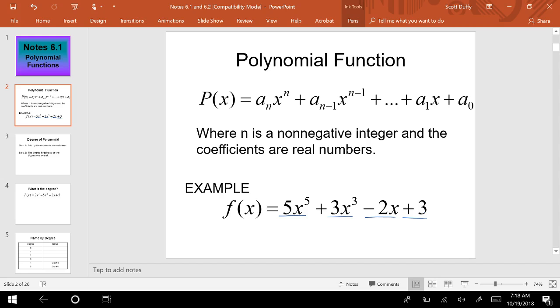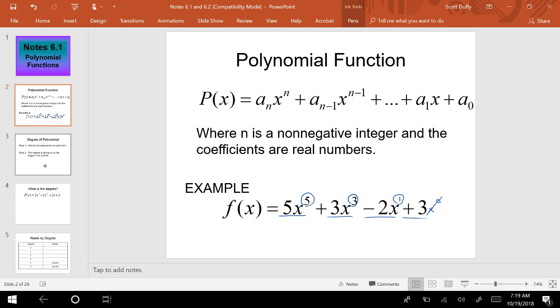All we're looking for is descending order of exponents. That last term doesn't have an exponent, so it's kind of like x to the 0. X to the 0 is 1, so 1 times 3 is 3. That's what we're looking for in a polynomial function.